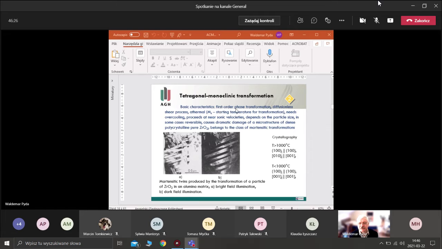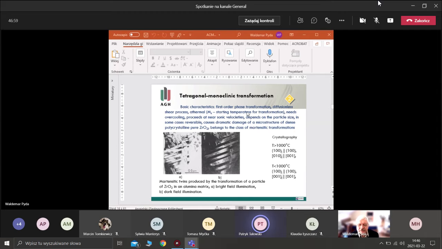The first order phase transformation. What is the main feature of this transformation? Maybe you know. Maybe somebody knows. You mean the Gibbs energy? I'm not sure. Is it the formation of the leftover main phase, the phase before the transition?